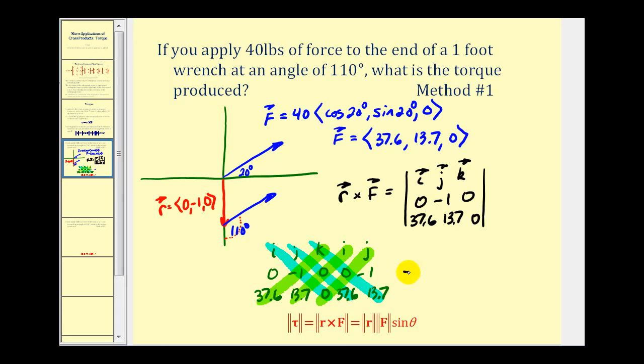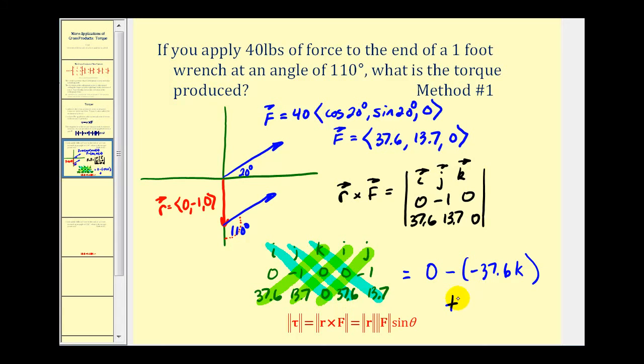Let's go ahead and do that. There's going to be a lot of zeros here. This product is 0, this product is 0, and so is this one. 0 minus, now we'll take a look at the green products. This will be negative 37.6k, and then we have a product of 0 here and a product of 0 here.